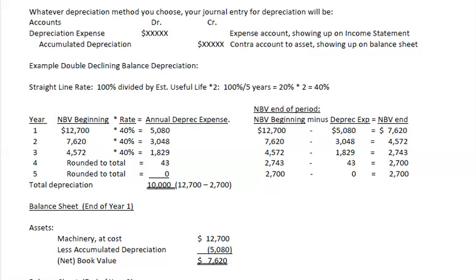When we get to year two, we don't start with the 12,700 again. The net book value at the end of the first year becomes the net book value at the beginning of the second year. We take 40% of it, and we get $3,048.